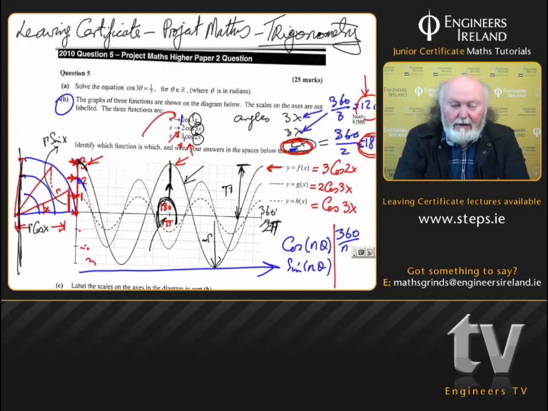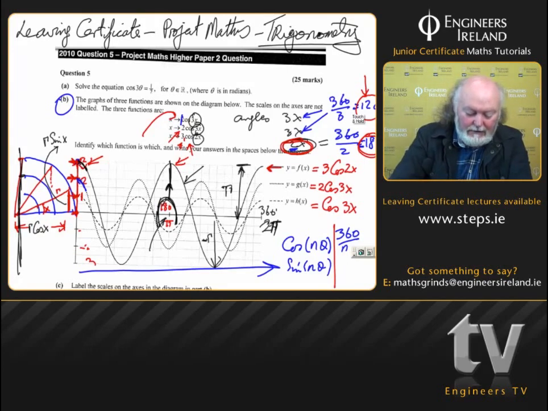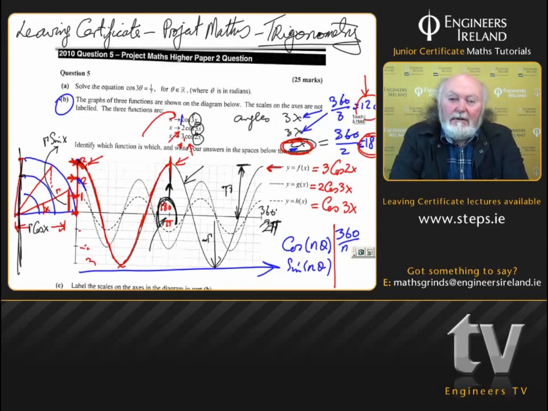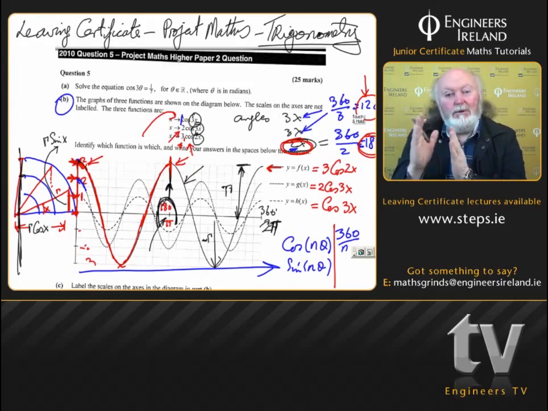If we had cos of 4 theta, we expect that by the time our theta has moved 360 over 4, which is 90 degrees, the function will have completed its cycle. And once again, just in case you're not clear, this shape here to there is the complete cos shape, and it's almost exactly the same as the sine shape. It's just that it's been moved 90 degrees.